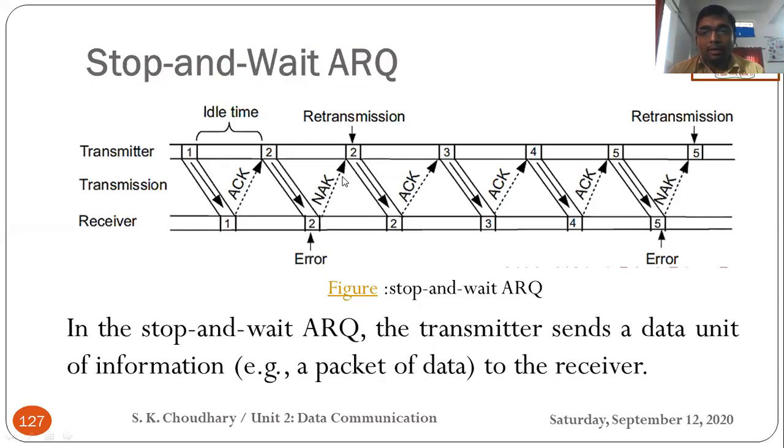When the transmitter receives a negative acknowledgement, it retransmits data packet 2 again to the receiver. Until it receives the acknowledgement signal, it does not allow the next data transmission. Once it receives the ACK signal, the third data packet is transmitted, like this, and the 4th and 5th like this.